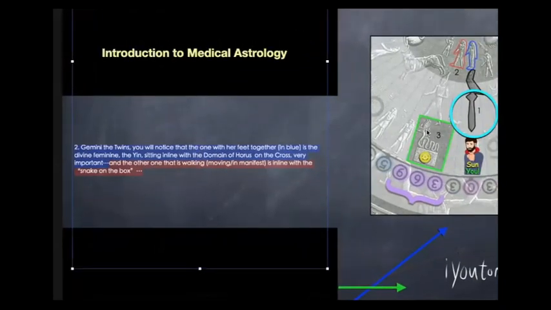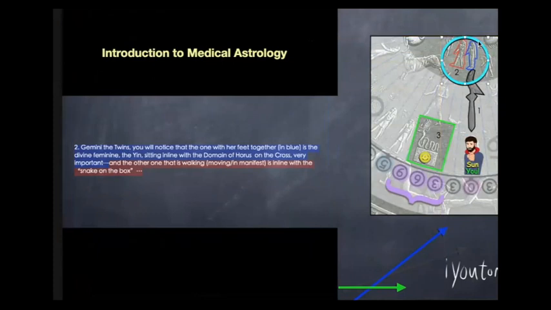Now 2, Gemini, the twins. You will notice that the one with her feet together in blue is the divine feminine, the yin, the female aspect of you inside you, sitting in line with the domain of Horus. She hasn't moved from that line. It's very important. And the other one, the red one, is walking, moving, and manifest, in line with the snake on the box.